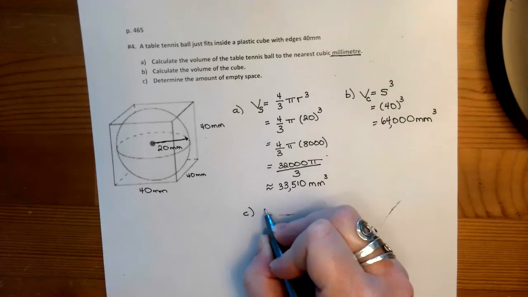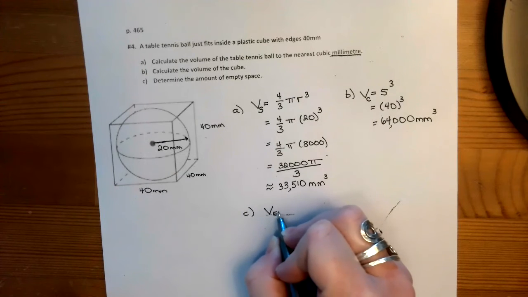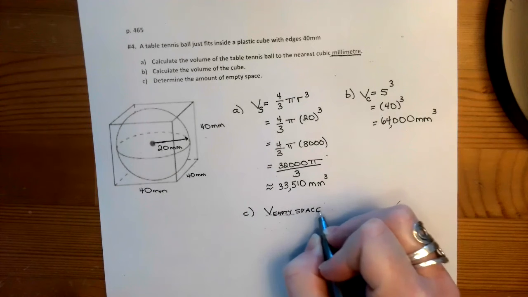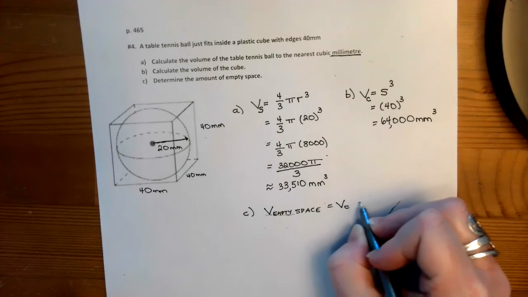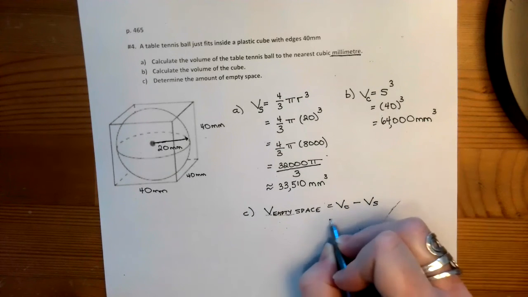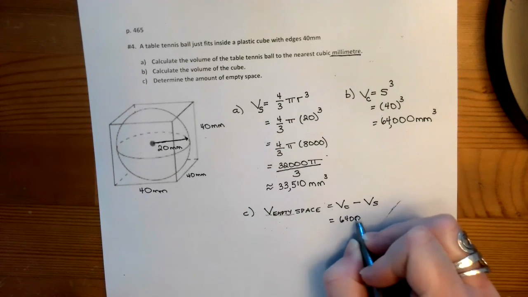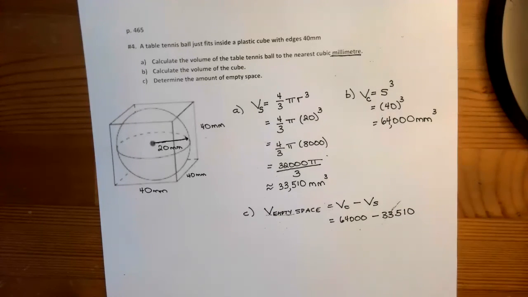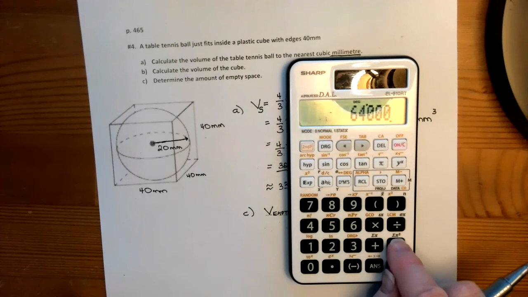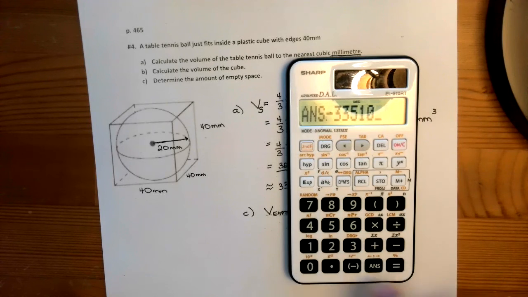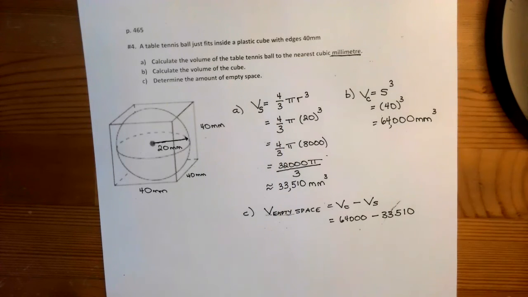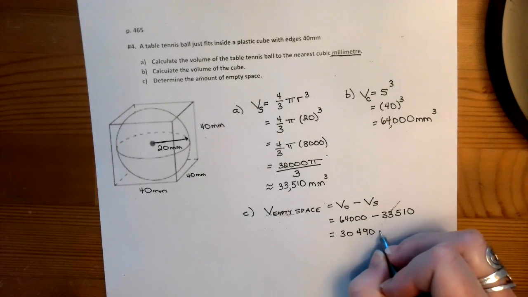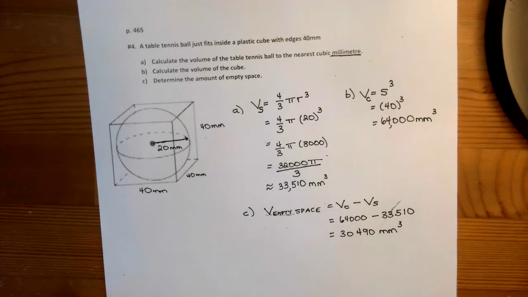For part C, the volume of empty space is going to be the difference between the volume of the cube minus the volume of the sphere, which is 64,000 minus 33,510, which is equal to 30,490 millimeters cubed. Hope that helps.